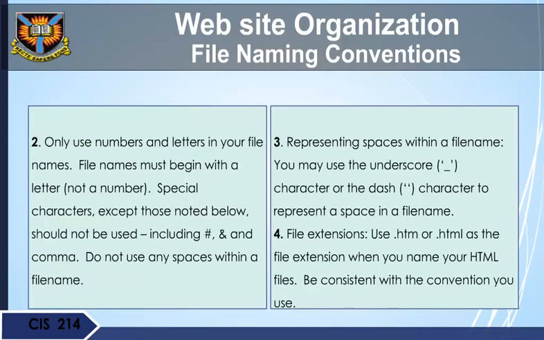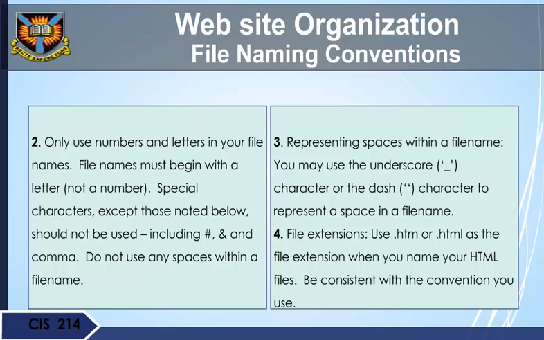2. Only use numbers and letters in your file names. File names must begin with a letter, not a number. Special characters, except those noted below, should not be used, including hash and comma. Do not use any spaces within a file name. 3.